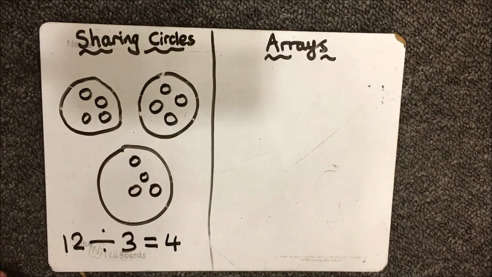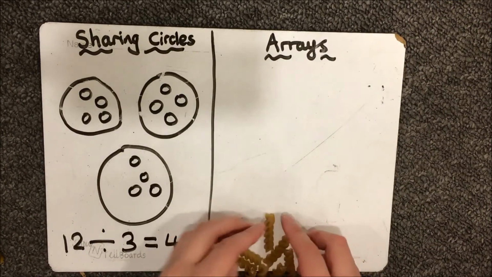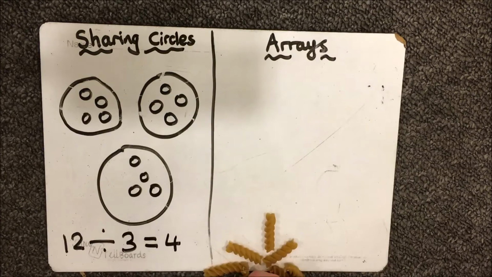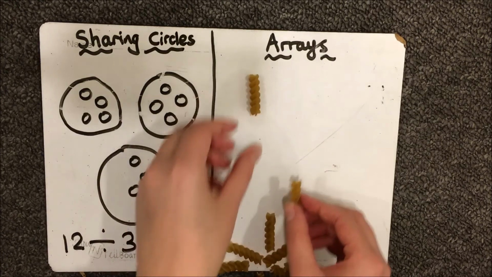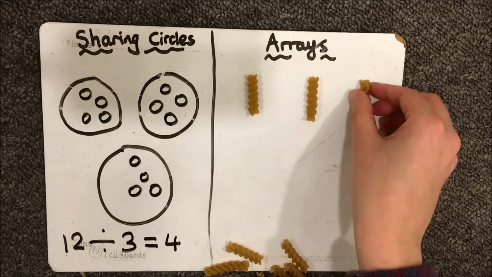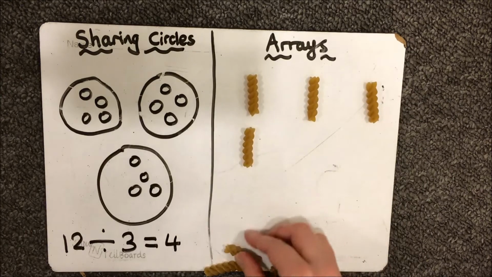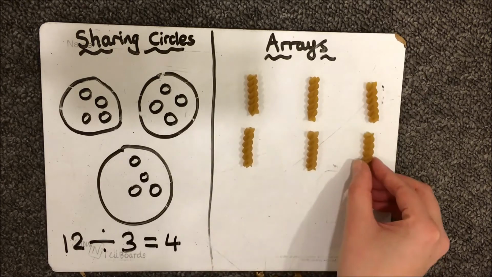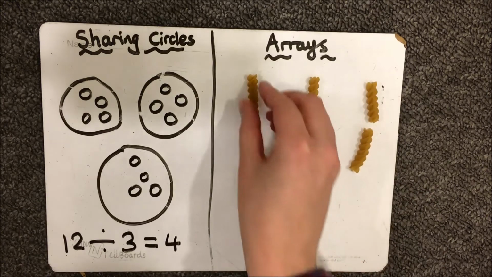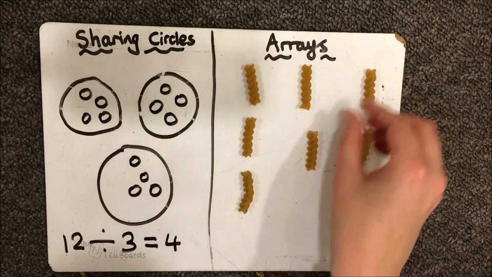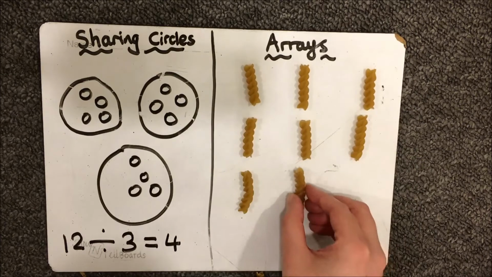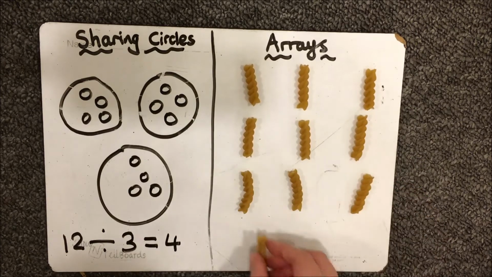Let's do that. So I've got my 12 children again. Come over here. There we go. And I'm going to share them into 3 groups. So 1 group, 2 groups, 3 groups. Okay, then I need to share them into each group. Here we go. I'm going to move them up a little bit. There we go.